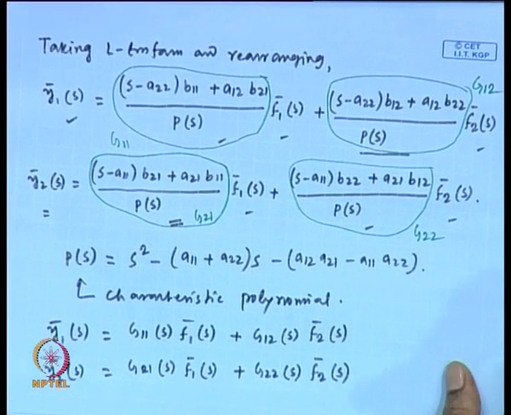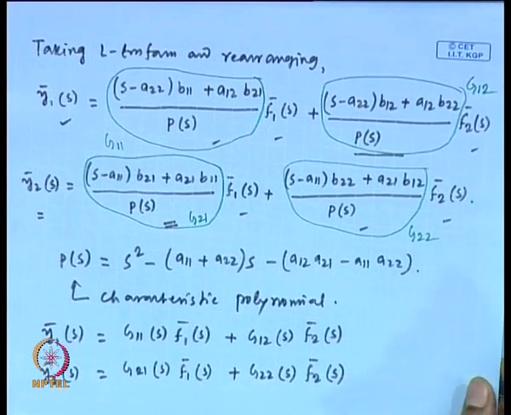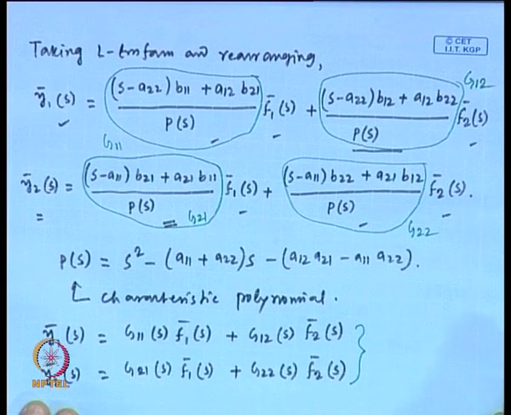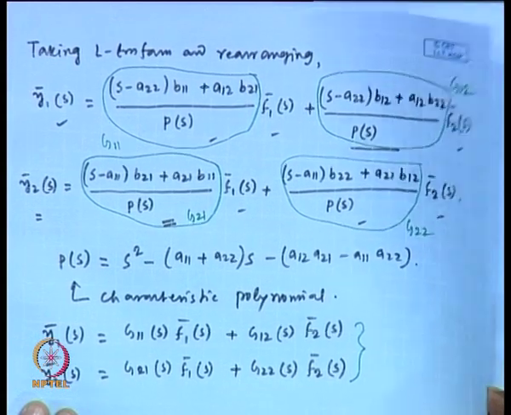So, 4 transfer functions are involved, and the final expressions we have written here, and we can represent them in matrix form.